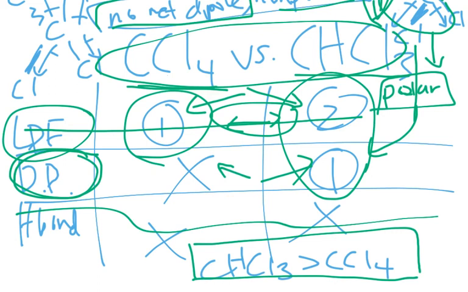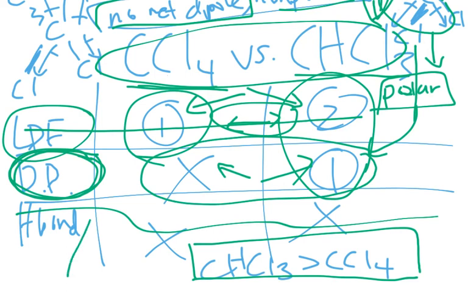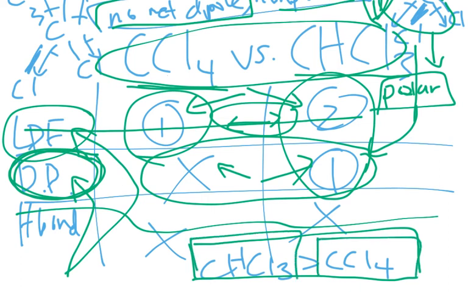We could also compare these two compounds by their dipole-dipole forces, and since one lacks it and one has it, that's a more meaningful and more impactful way of comparing them, since the dipole-dipole forces matter more typically than the LDFs since it's stronger, and because of that, CHCl3 has a higher melting point than CCl4.